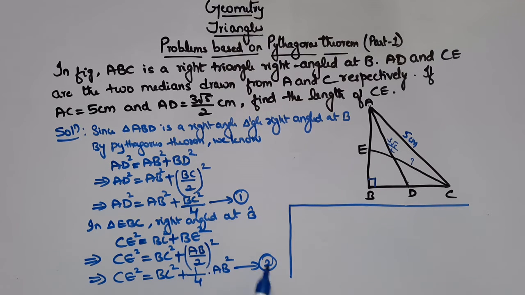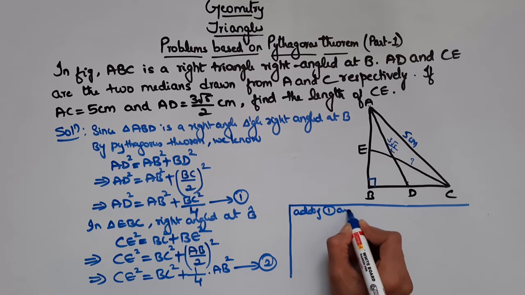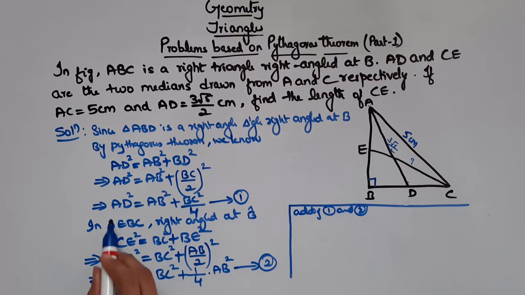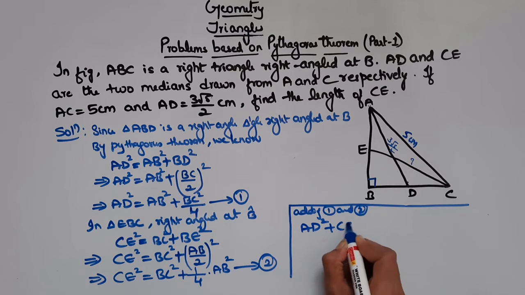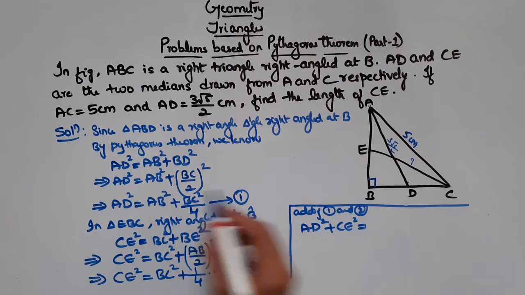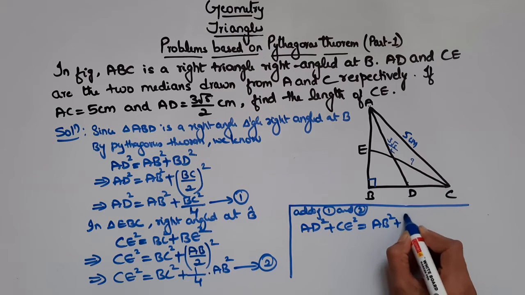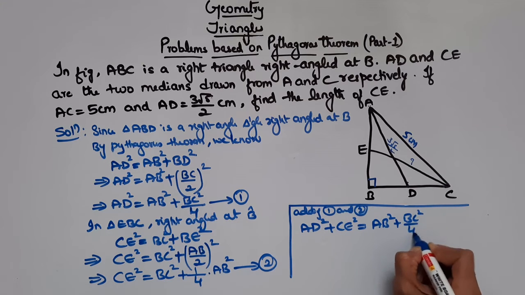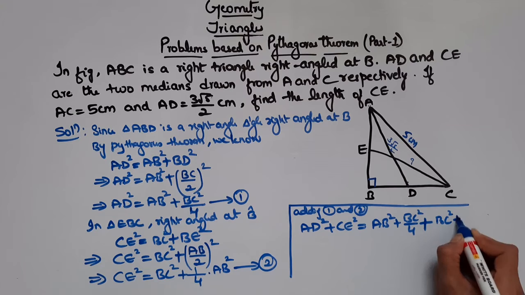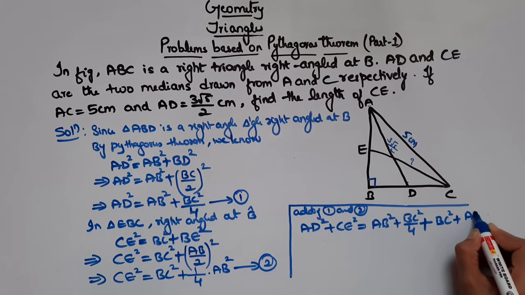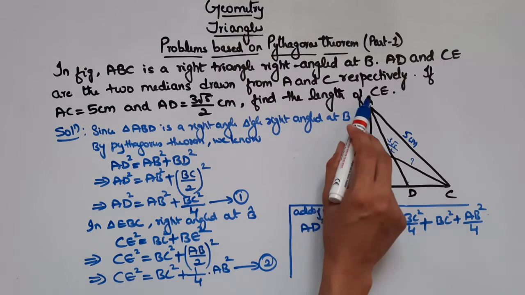Now let's add equation 1 and 2. So we have AD square plus CE square is equal to AB square plus BC square by 4 plus BC square plus AB square by 4, right? Our aim is to find the length of CE.